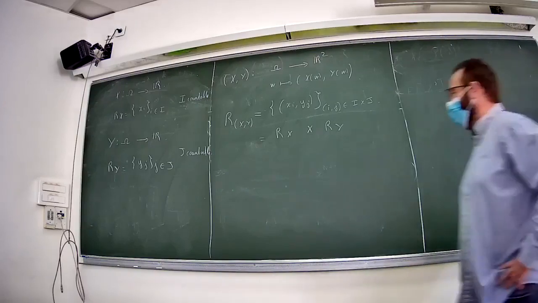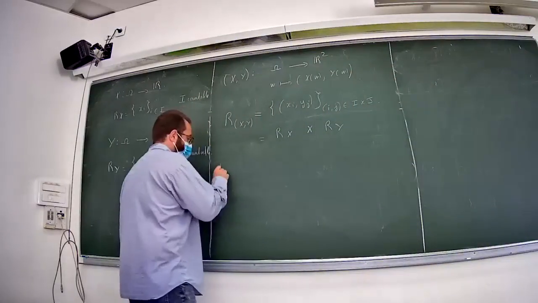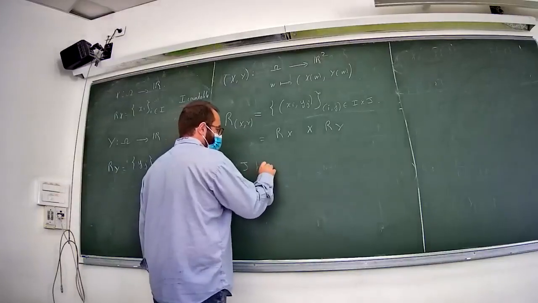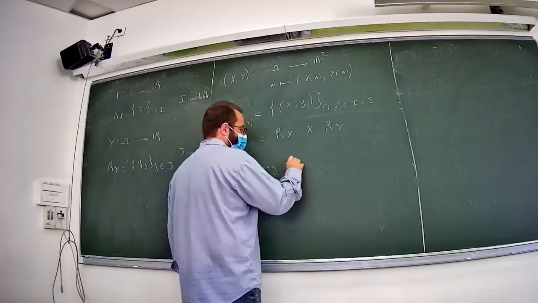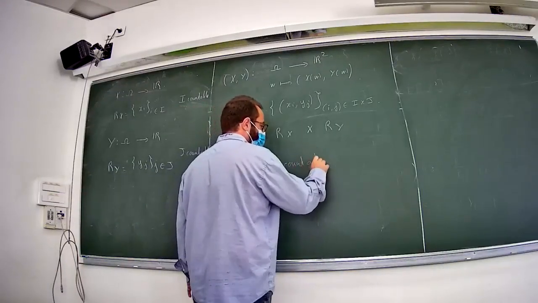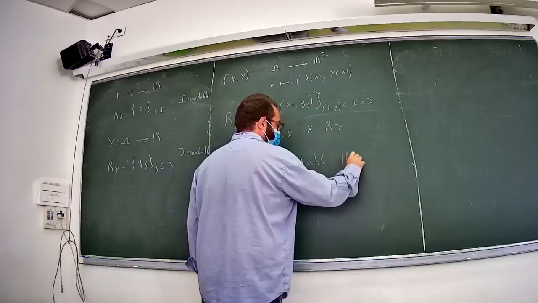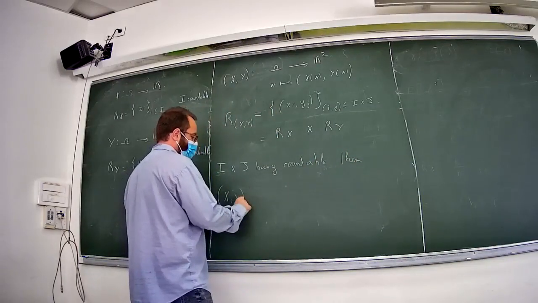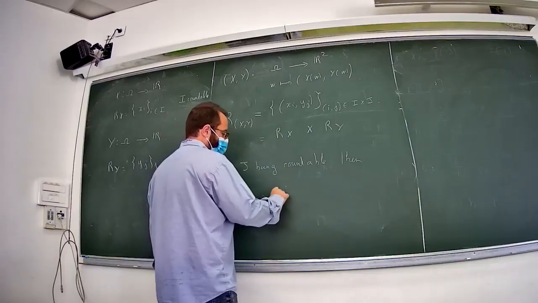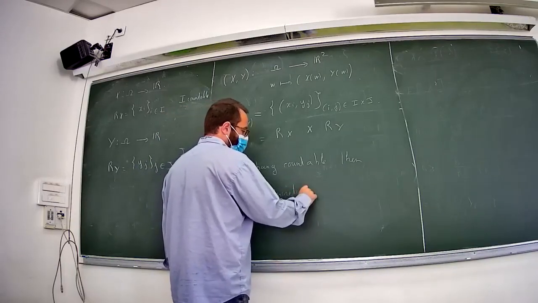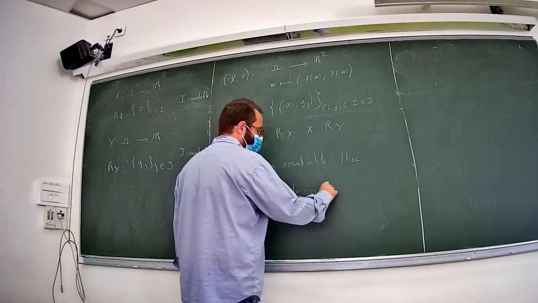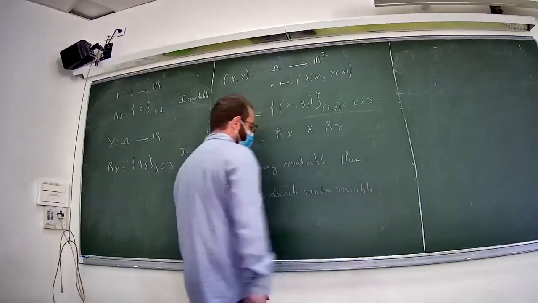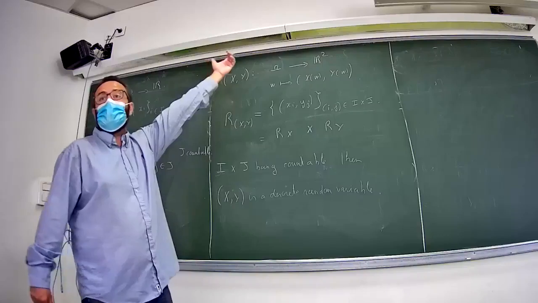So here, I times J being countable, then the pair (X, Y) is a discrete random variable that just takes values in R square.